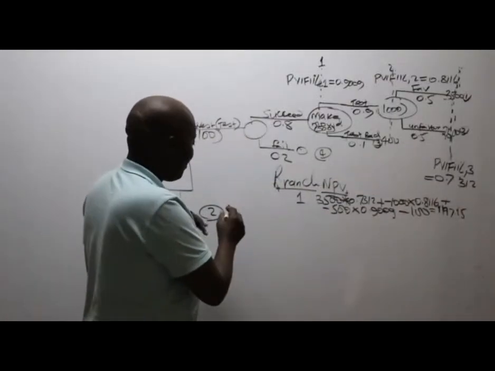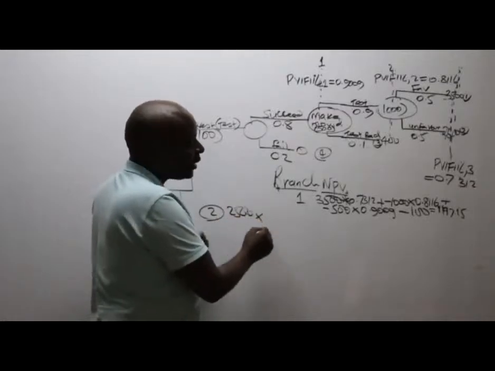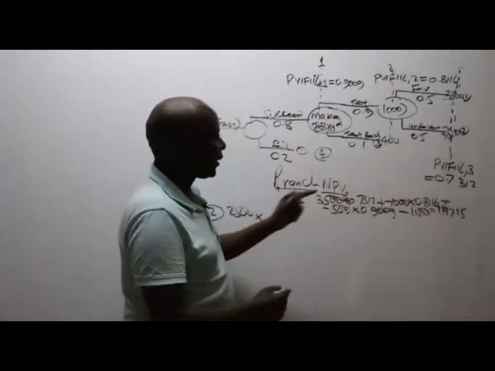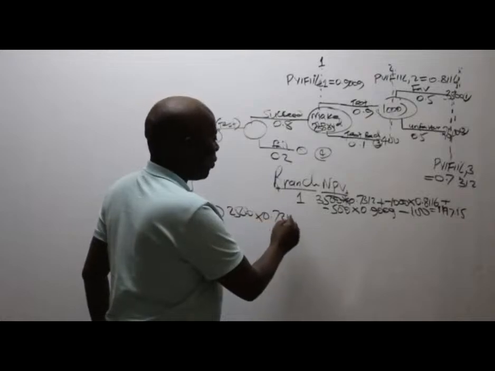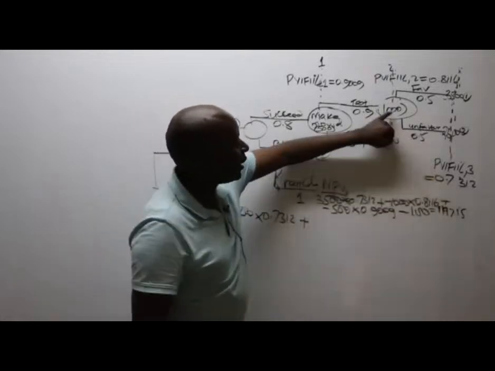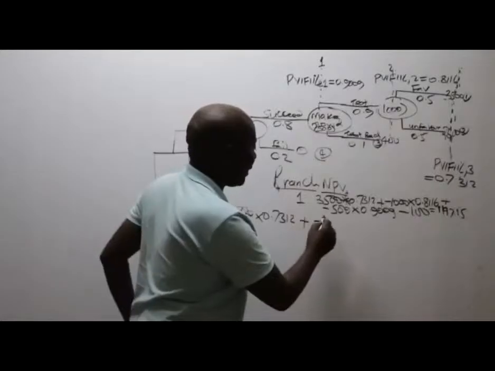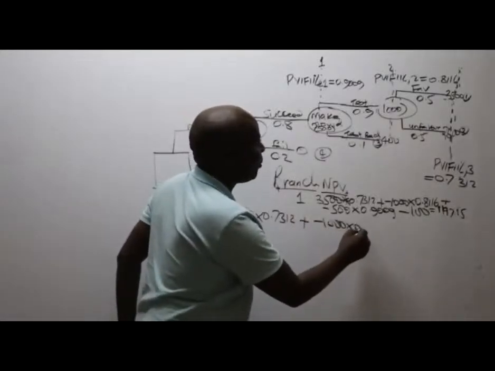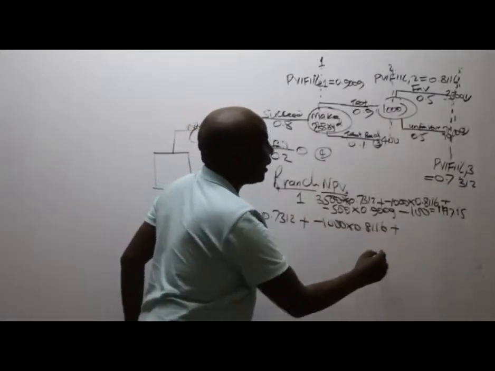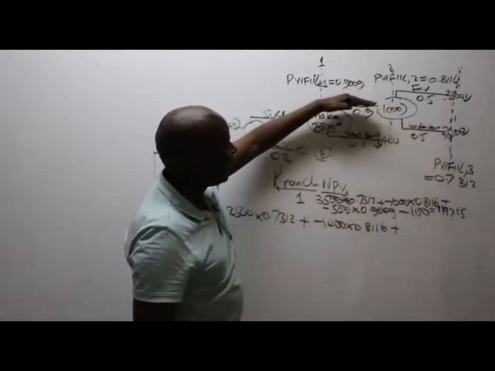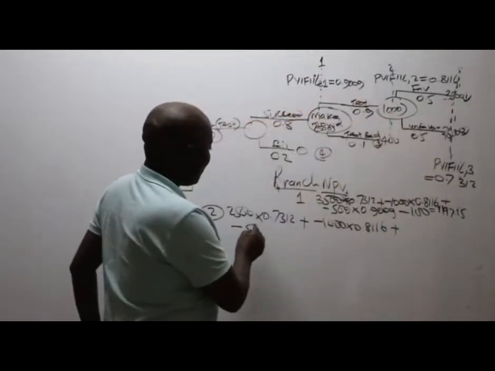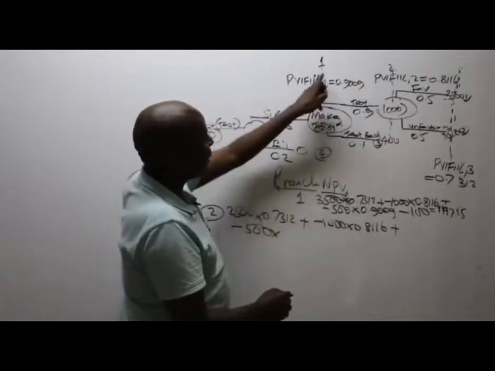So not minus, plus 2,500 times the discounting factor, 0.7312. Plus, I'm moving here, I can see on my road, there is this minus 1,000 times 0.8116 plus, continue with my journey, picking only cash flows alone, minus 500 times the discounting factor.